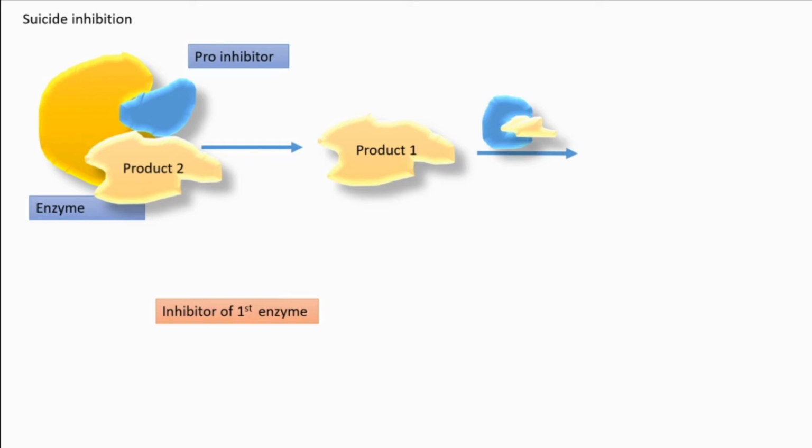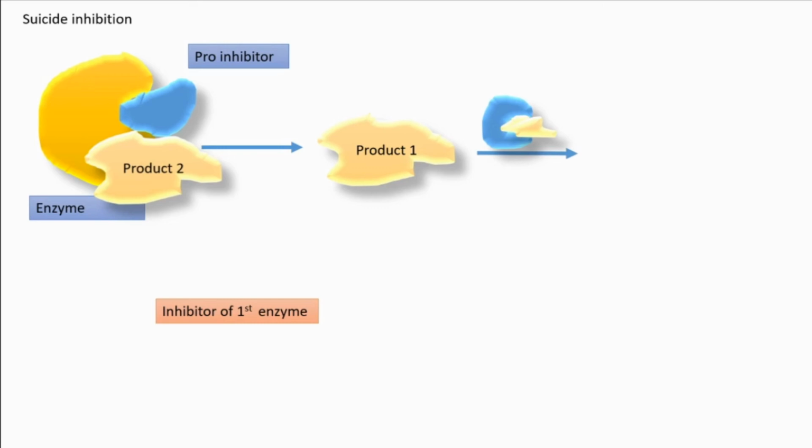Here, the inhibitor is in that reaction cascade. Why is it called a cascade? Because there are so many steps. The intermediate of that reaction cascade itself acts as an inhibitor of the first enzyme. So it is called suicide inhibition.